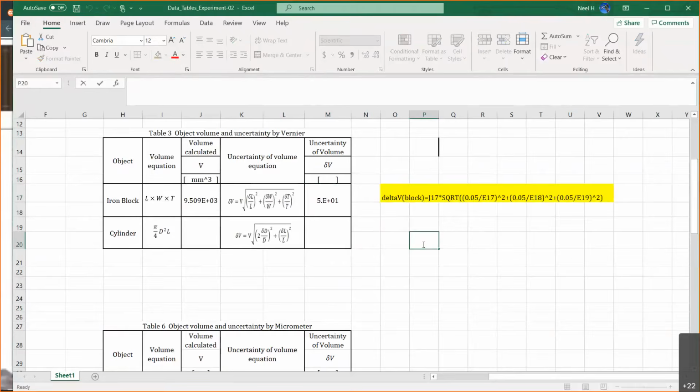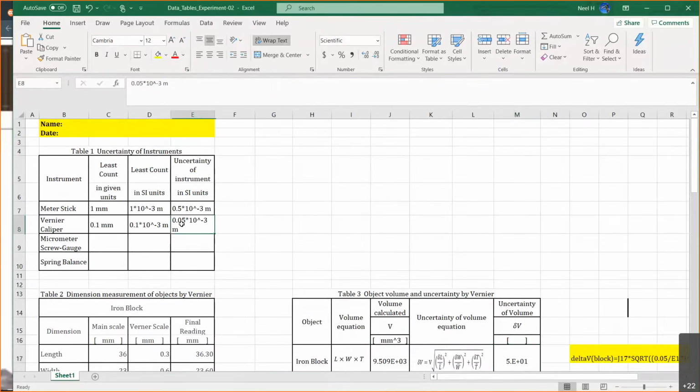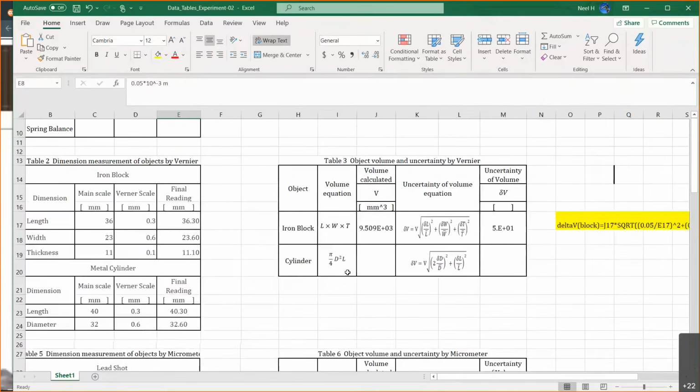Okay, 5 times e to the power 1. Now you can see this is the e to the power value, right? This is a really large number. This is 10 to the power 3. As a result, you can see the error is going to be an extremely small value, okay? The reason I went to 1 sig fig is that 0.05 has only 1 sig fig, okay? Good.